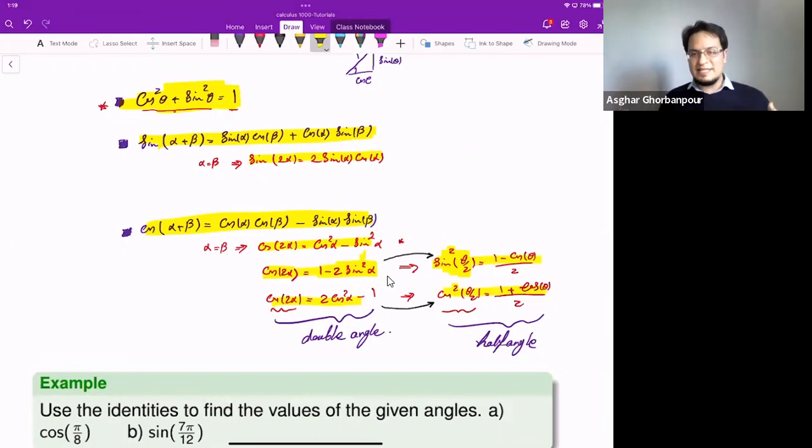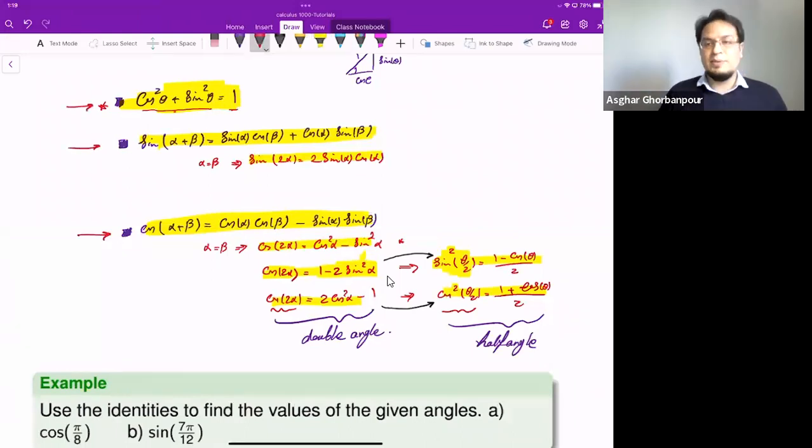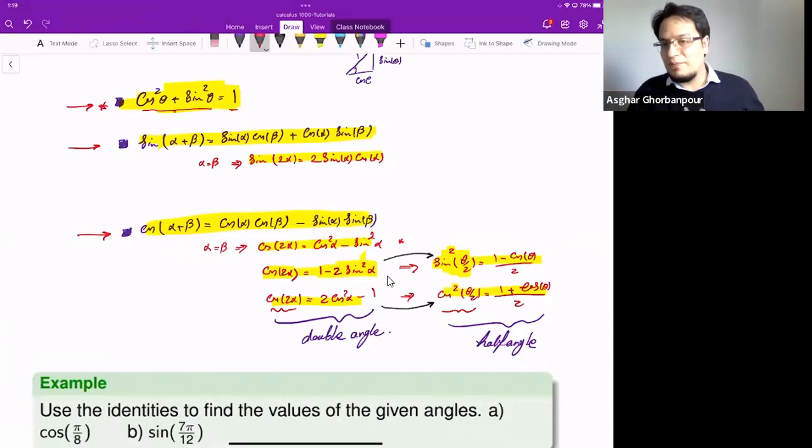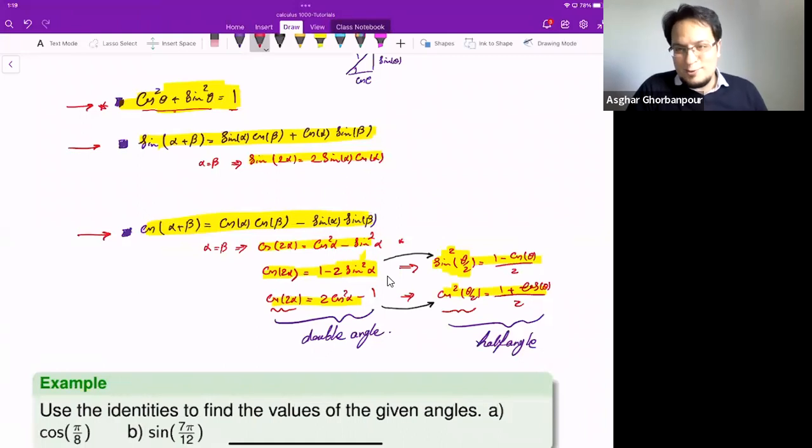When you list them, it seems like I have 9 identities. But in practice, we have 3 identities. The rest can be obtained from those 3. So we should know how to obtain them. Myself, I cannot memorize those ones.